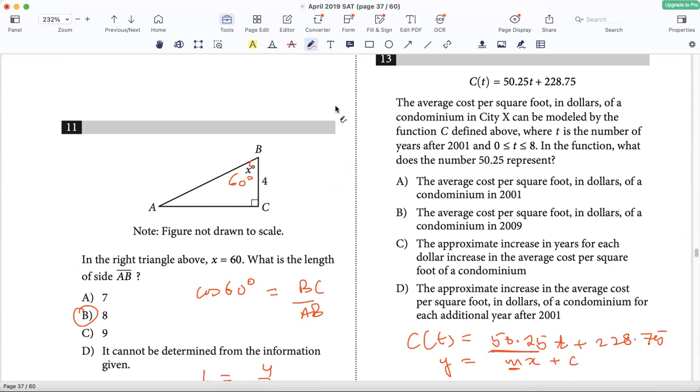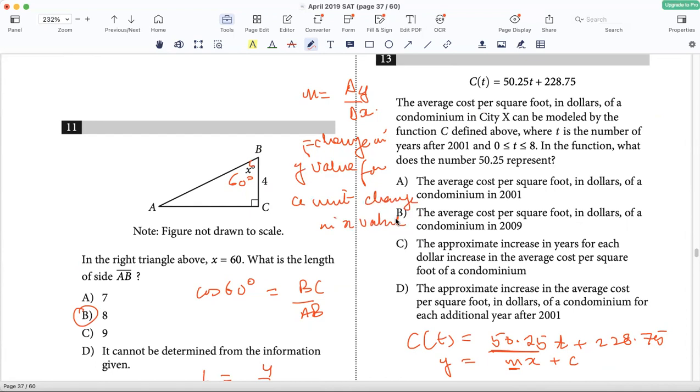And the slope of the line is delta y over delta x, which is the change in y value for a unit change in x value, right? That is what the slope means.